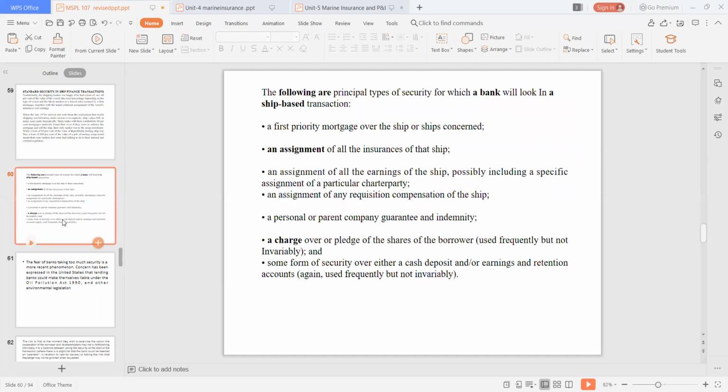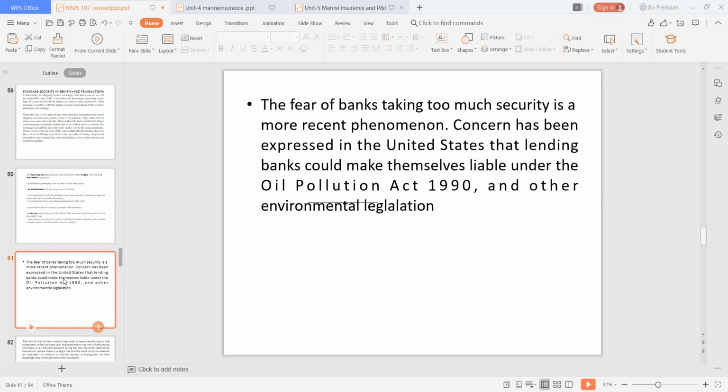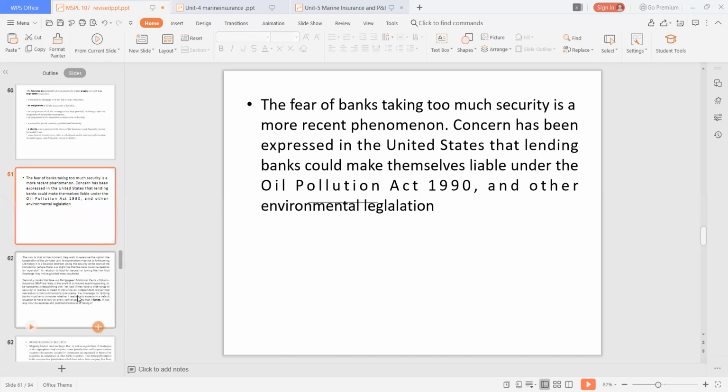These securities are taken, but the fear also exists. The Oil Pollution Act 1990 plays an important role, and a lot of other environmental acts and legislation will also be there.